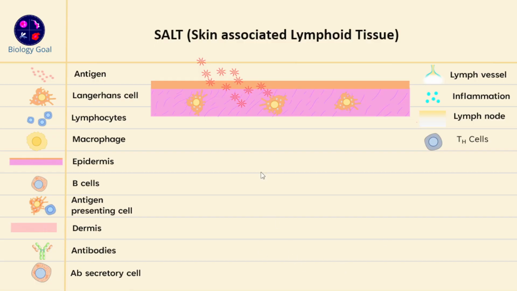Now there is another thing called intraepidermal lymphocytes. I have an illustration for lymphocytes right over here. These are our lymphocytes. If I elaborate it, it looks like this. These lymphocytes are nothing but our T cells.